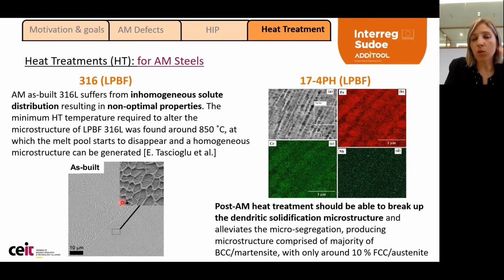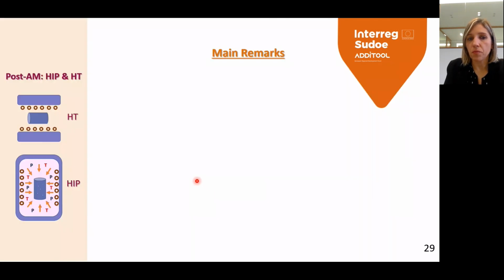I'm not going to go into detail on these studies, but just to see that when we have the microstructure directly from the AM process, we have a dendritic microstructure, which is not optimal because it has poor mechanical properties, and that we need to find a post-heat treatment that is able to remove this type of microstructure and achieve the correct grain growth and the correct precipitation in order to have good mechanical properties.